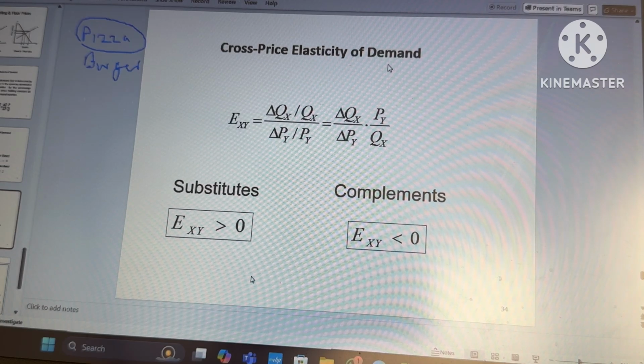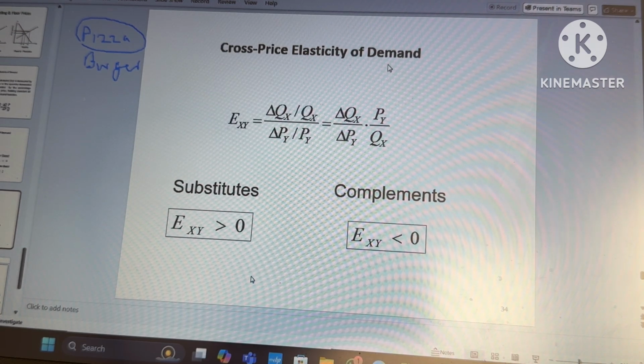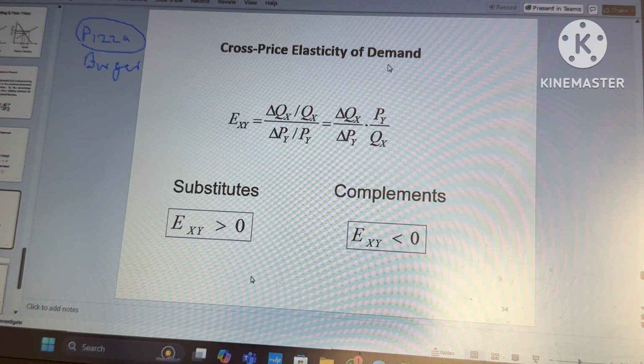If burger price increases, what will happen to the pizza demand? Increase. Why? Because when the burger price increases, customers move to buying pizza. If burger price decreases, what will happen to the pizza demand? Decrease.